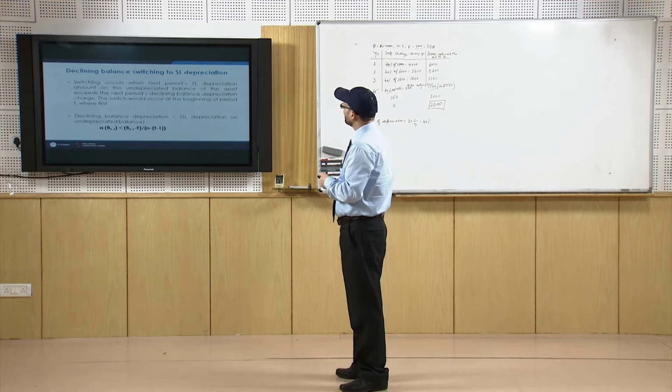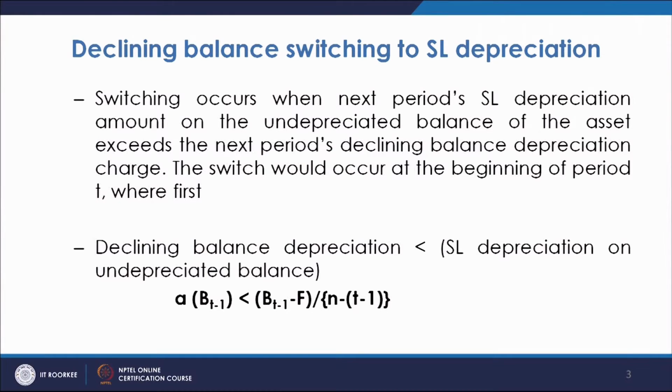Switching occurs when next period's straight line depreciation amount on the undepreciated balance of the asset exceeds the next period's declining balance depreciation charge. So, basically when to go for switching?